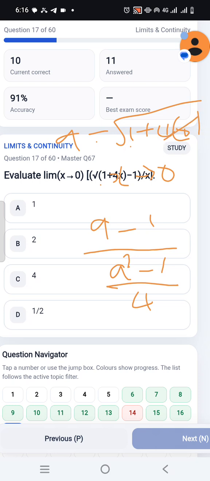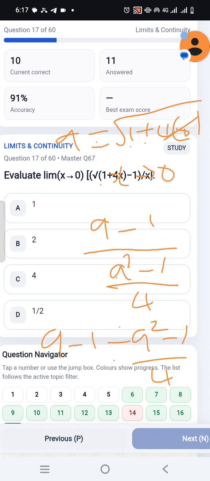So the square root of 1 plus 0 is going to give me 1. So a tends to 1. So if I do 1 minus 1, that is 0. If I do 1 squared minus 1, that is 0. So mind you, this is the same thing as saying a minus 1 divided by a squared minus 1 all over 4, so that I don't get confused.